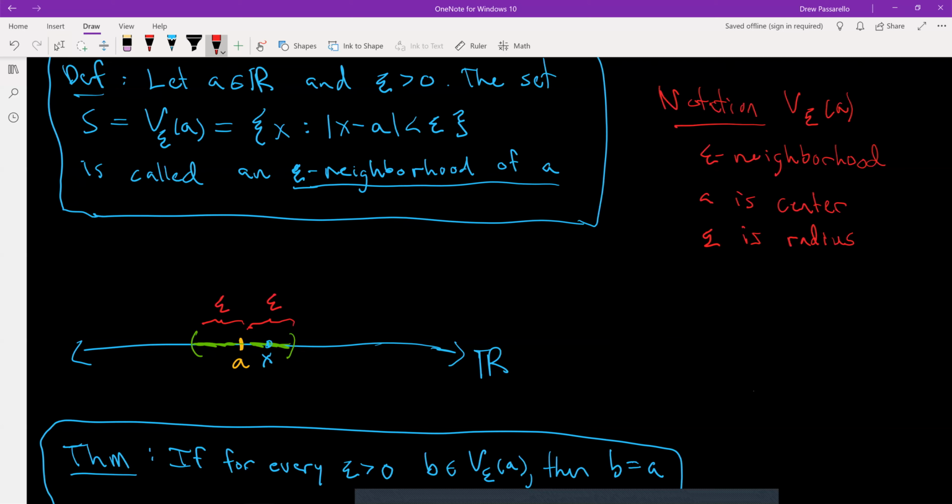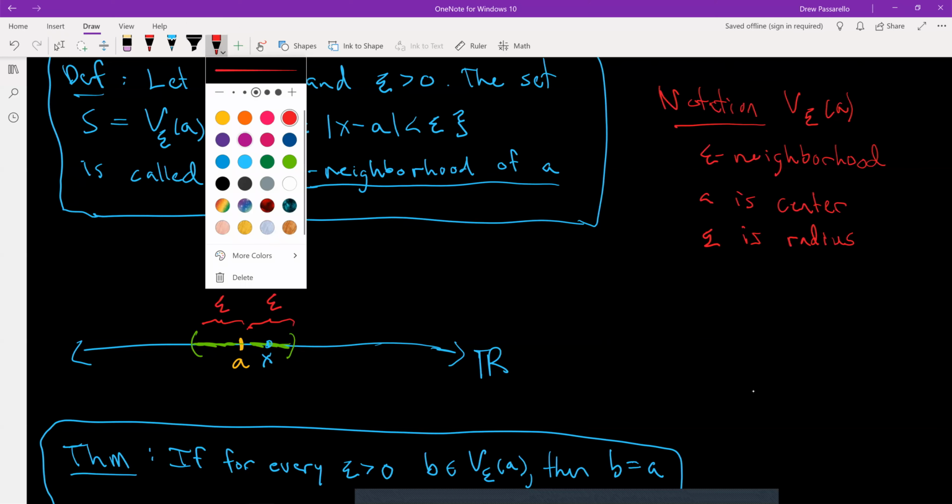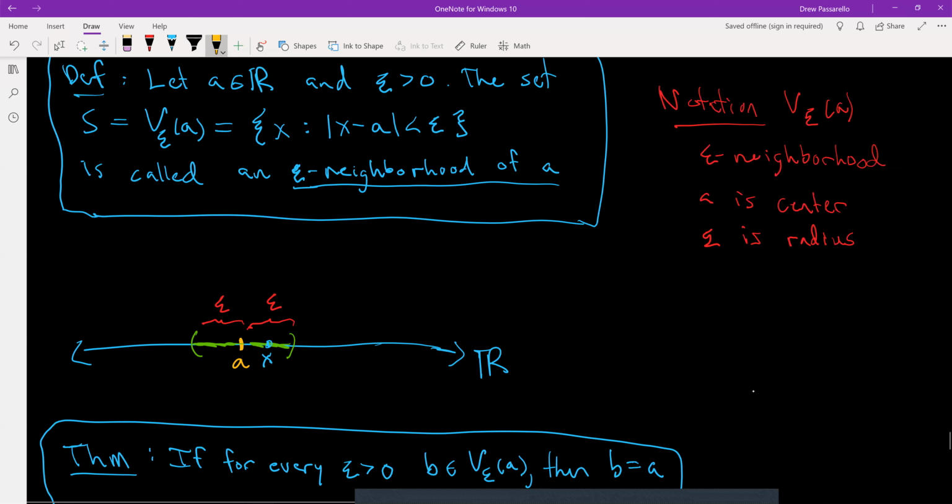As far as the endpoints go, since it's a parentheses, really it's like an open dot at that spot. We don't include that endpoint, but that is the same as our center A plus our radius epsilon. And then the other endpoint on the left is our center A minus our radius epsilon.